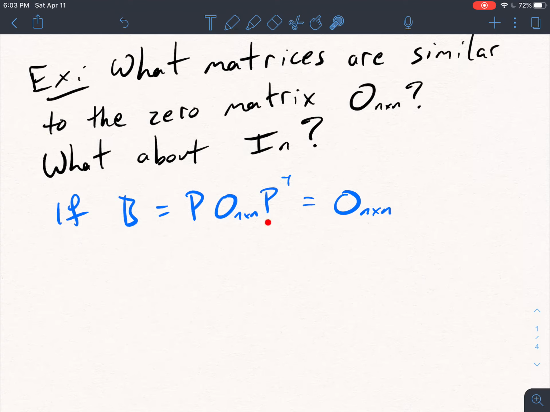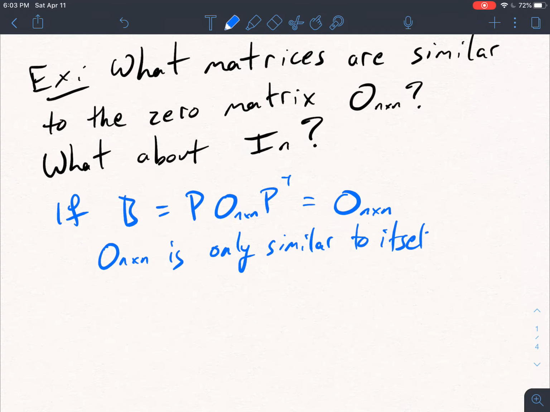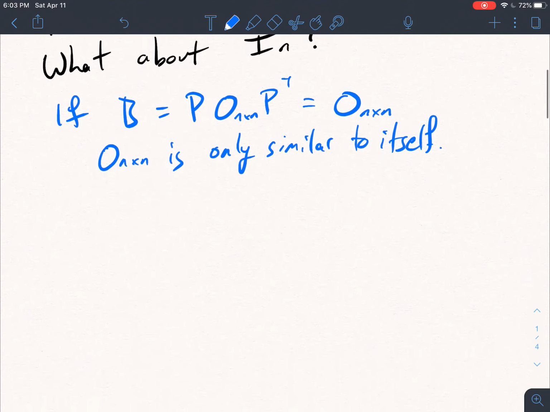What matters is that if you multiply a matrix by the zero matrix, you get out the zero matrix. So this product over here is equal to the zero matrix, and so B is equal to the zero matrix. And therefore, the only matrix that is similar to the zero matrix is the zero matrix itself. So the zero matrix is only similar to itself.